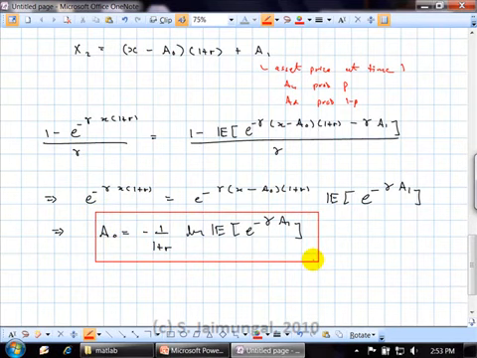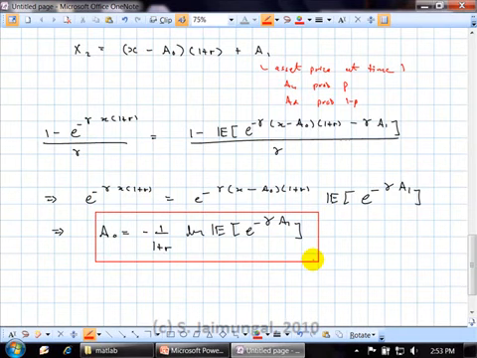Well, if gamma goes to 0, you know that that's when the utility becomes linear, and that represents a risk-neutral agent, because then they're just using expectations to order preferences. And what happens with this expectation as gamma goes to 0? So assume you can interchange the limits and expectations.